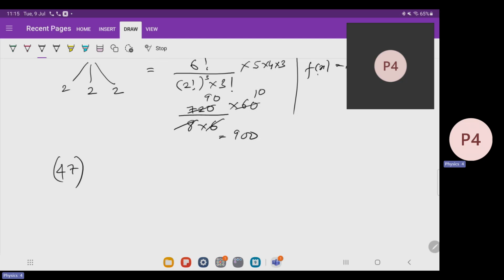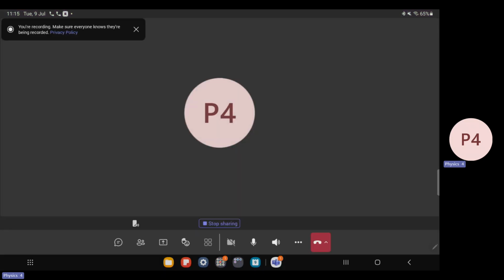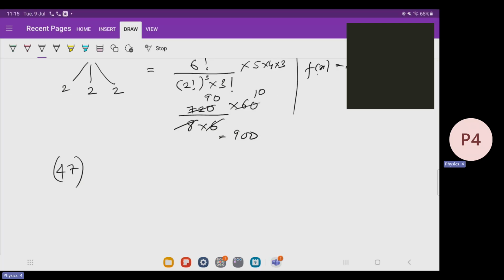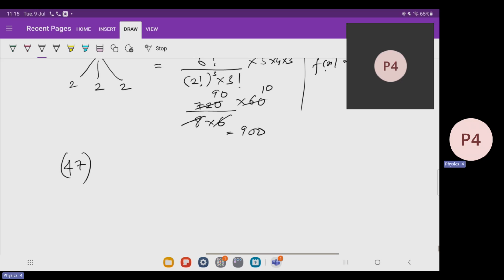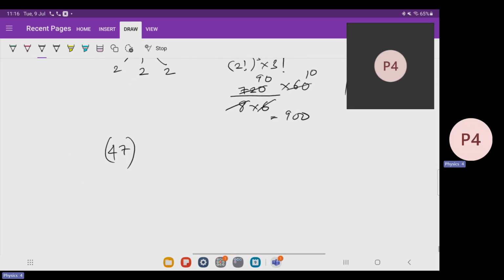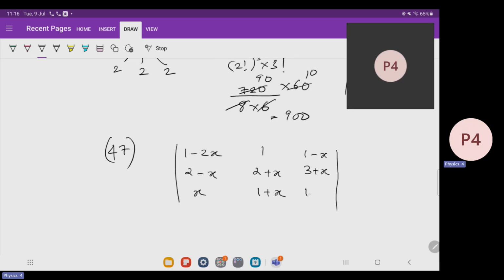the product of roots of the equation. So the equation is given by a determinant, and the determinant is [1 minus 2x, ..., 1 plus x, 1 minus x square].